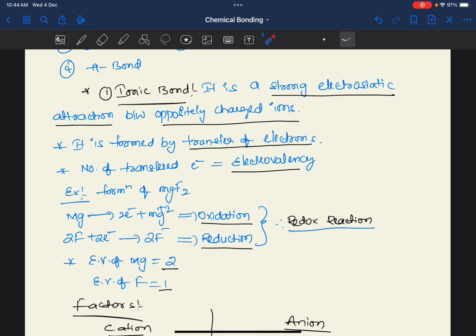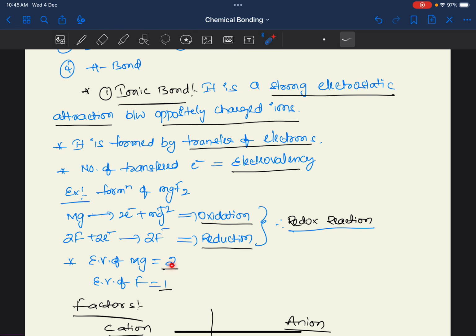So in the formation of magnesium fluoride, both oxidation and reduction take place. Therefore, the formation of an ionic bond is one kind of redox reaction. Now see the electrovalency of magnesium. How many electrons are lost from magnesium?